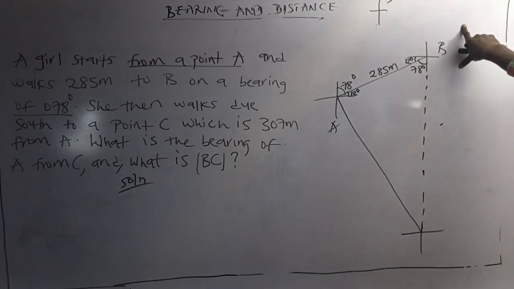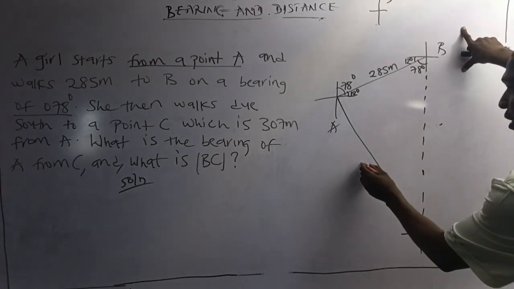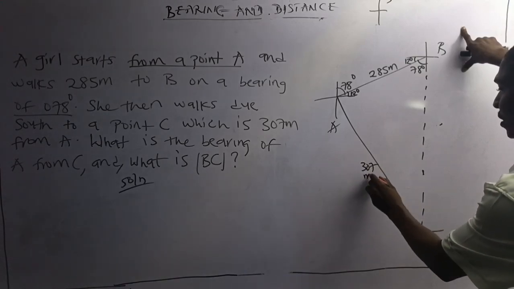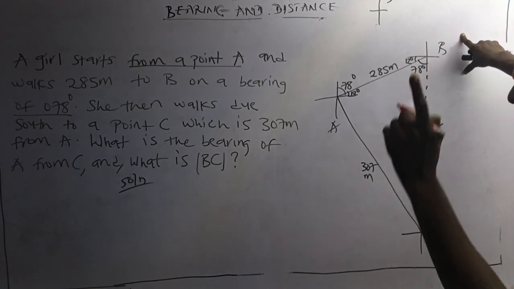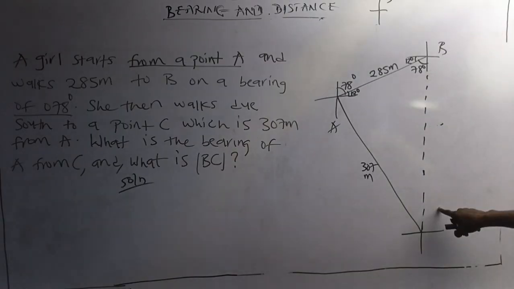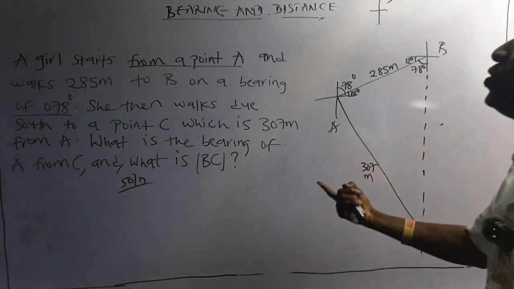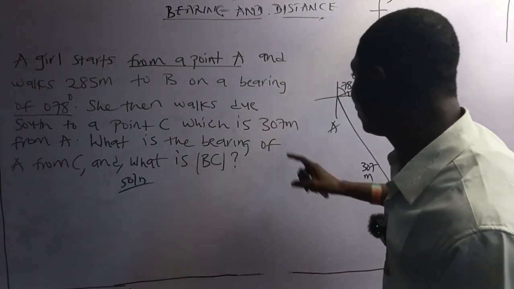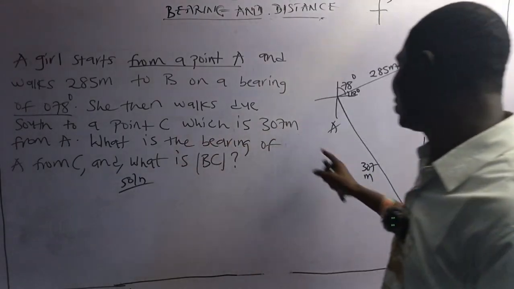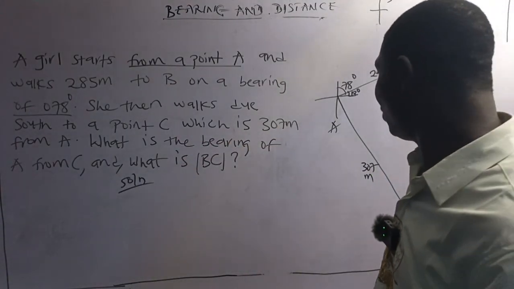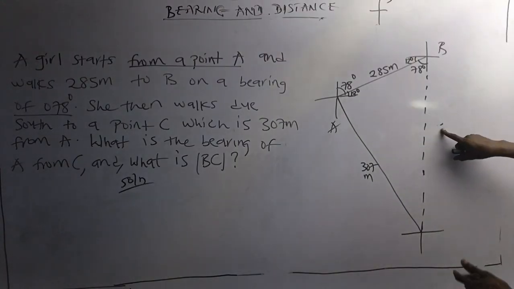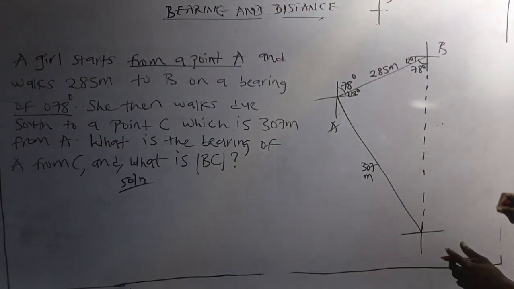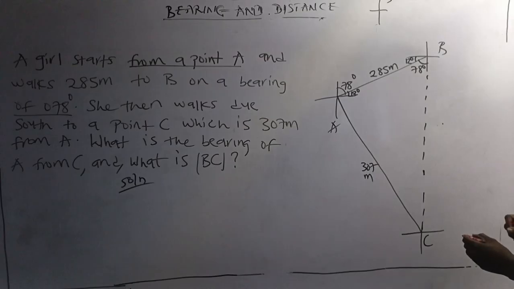Now we've done that, and I'll put my distance, 307 meters. Take note. She then walks due south. This is south of B. She keeps walking until, and the distance is 307 meters. C is 307 meters from A. So this is the distance given, not this. Take note, if you put it here, then you've gotten it wrong. This is my C.